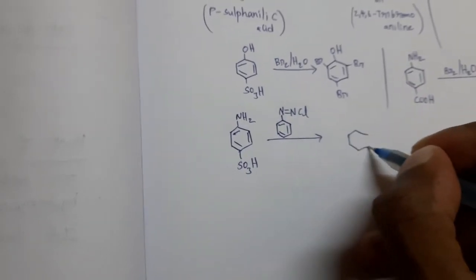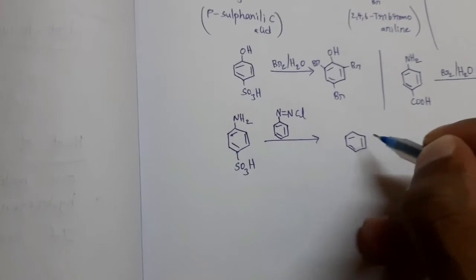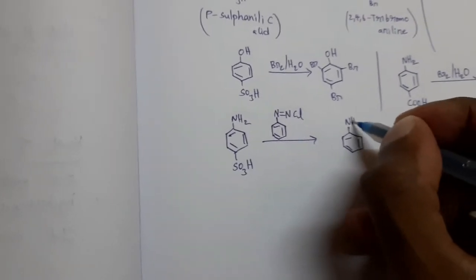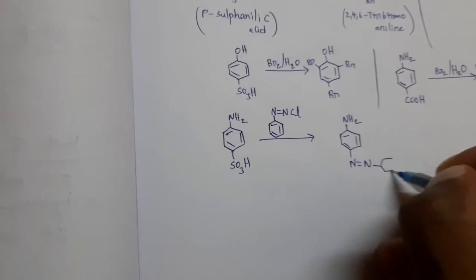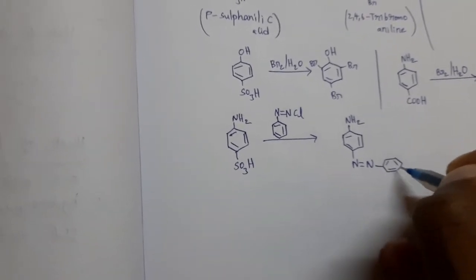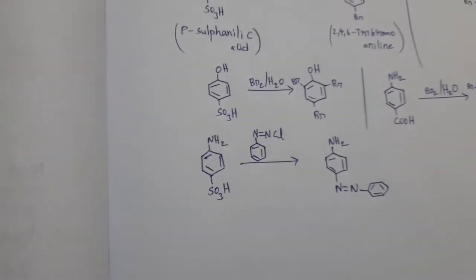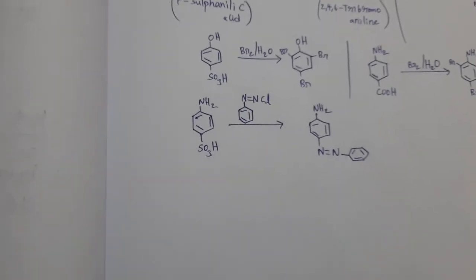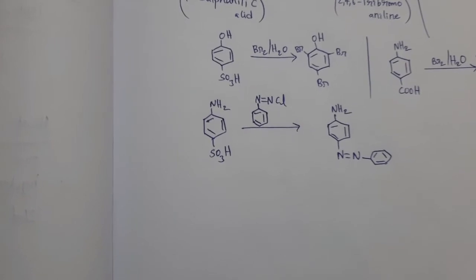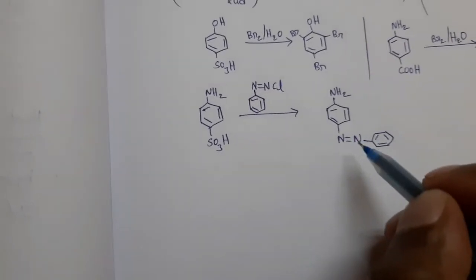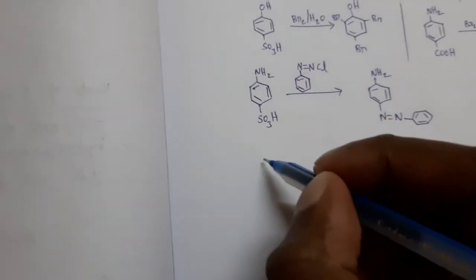Then we can get coupling by diazo group. See here, this one. So in this way, SO3H group is replaced by benzene diazonium chloride. Then we can get this type of azo compound.